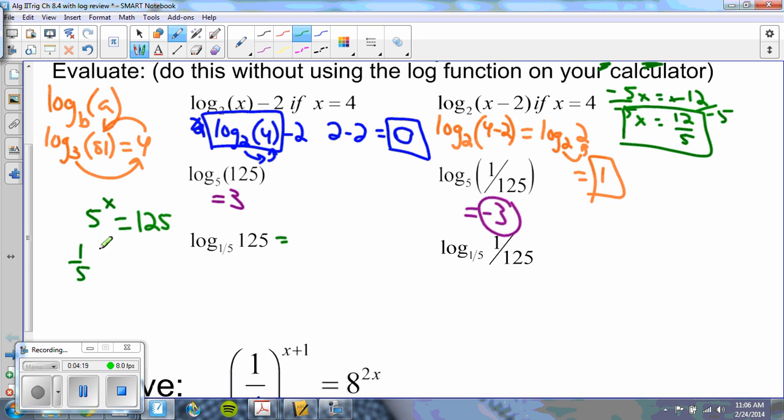So 1/5 to the negative 3rd would be 125. Well, what does a negative power do? Flips the fraction. Right, a negative power is like a reciprocal. It flips the fraction. So if 5 to the 3rd is 125, 1/5 to the negative 3rd is 125.